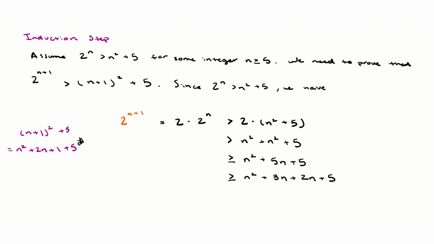So from here we see that n squared plus 3n plus 2n plus 5 is greater than or equal to n squared plus 2n plus 1 plus 5. And this is equal to n plus 1 squared plus 5.